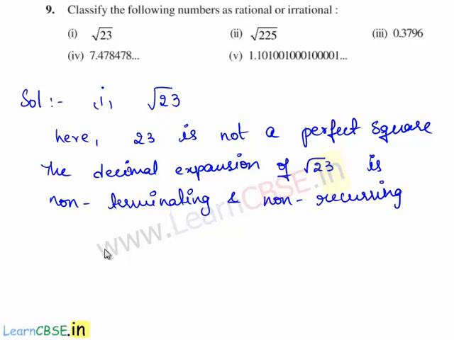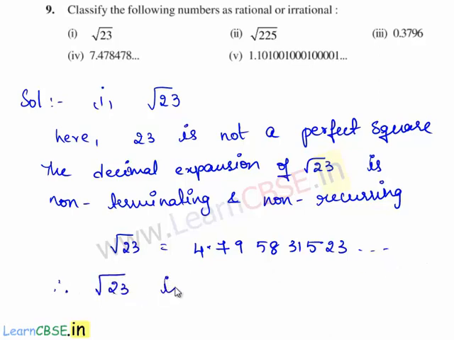So when we do this, we obtain the value square root of 23 is equal to 4.795831523 and so on. Here the decimal expansion is non-terminating and the digits are not repeating. Therefore, square root of 23 is an irrational number.